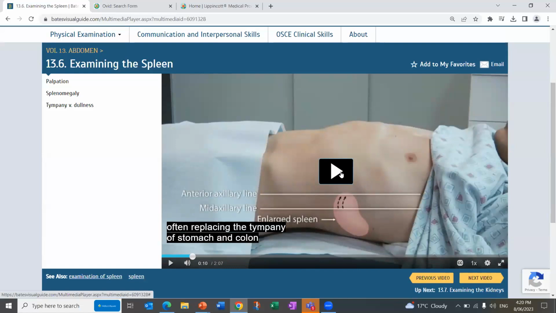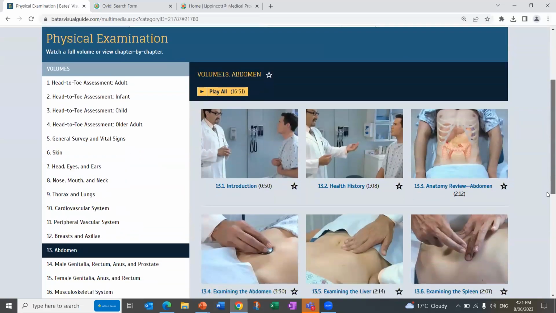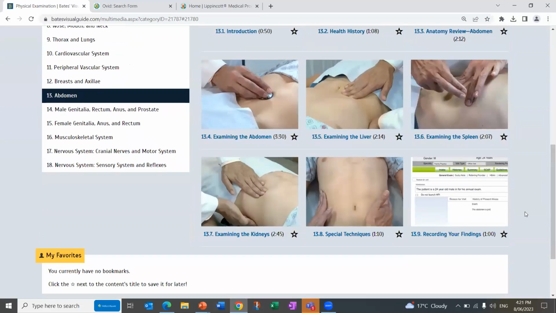There are also diagrams and things on the screen itself. It will also take you through the process of not just examining the patient, but looking at the things that you need to record. So recording your findings is a part of this process.